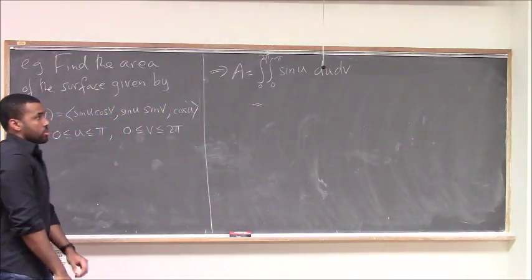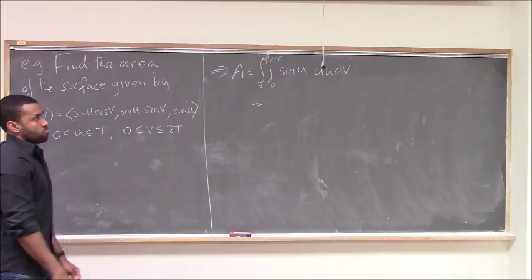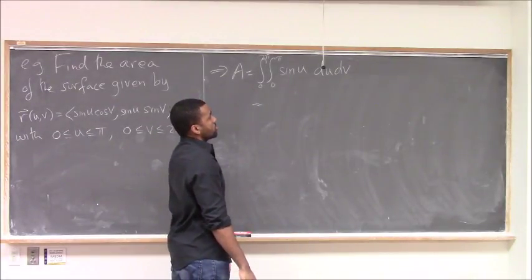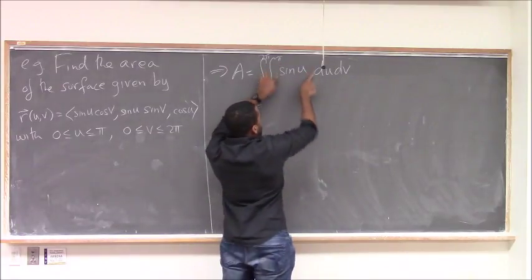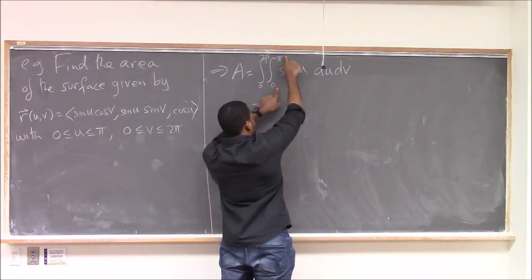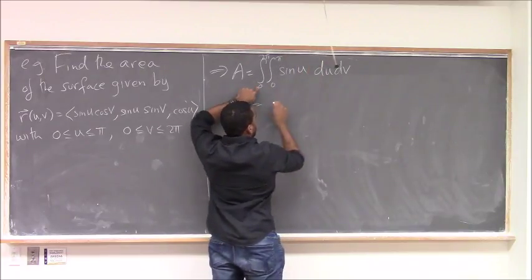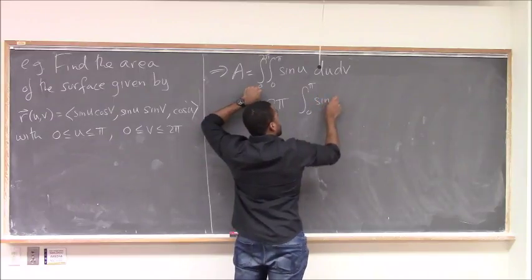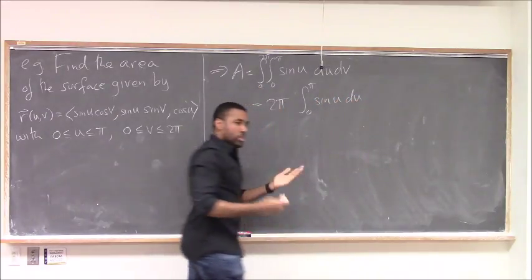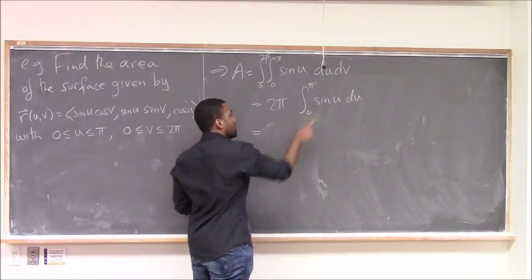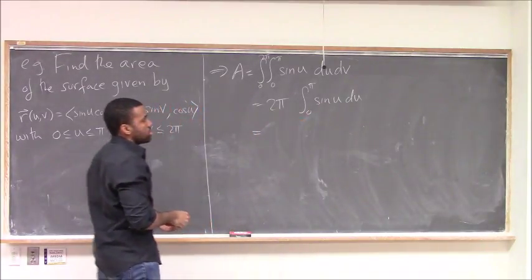And what would I have? Because this thing doesn't have any v's in it, and its limits don't have any v's in it, we can apply Clairaut's theorem and even notice that we'd have gotten a multiplication by 2 pi on the outside, to remind you of some shortcuts that you would have learned from Calc 3. And then, what would this turn out to be?